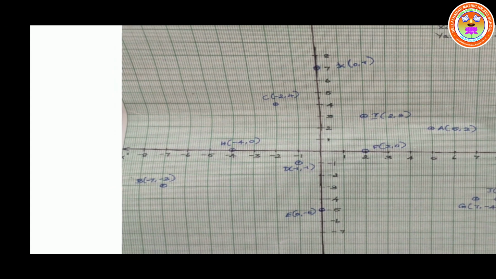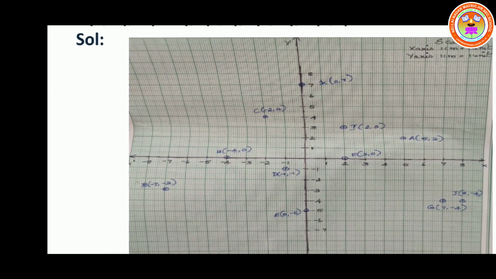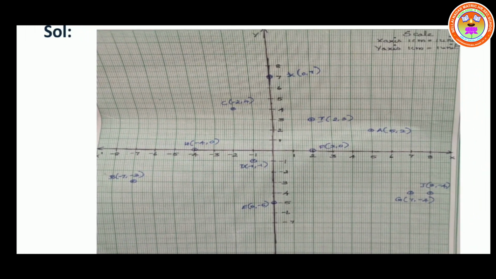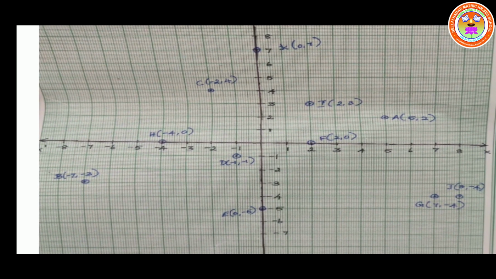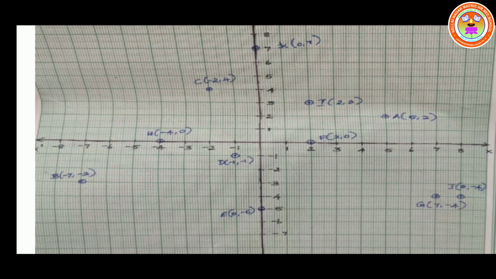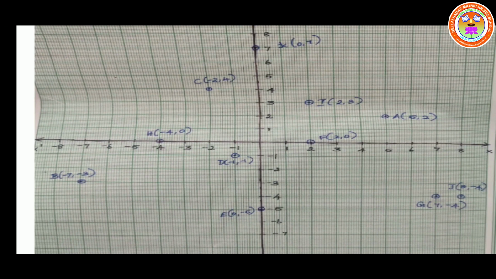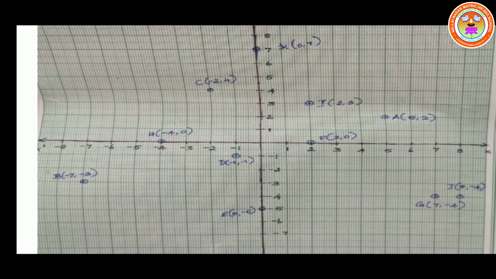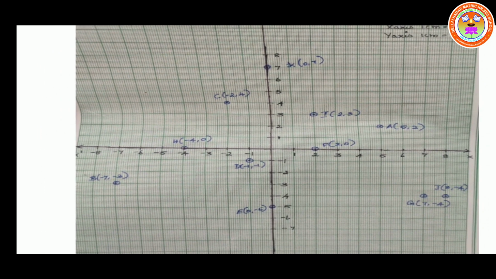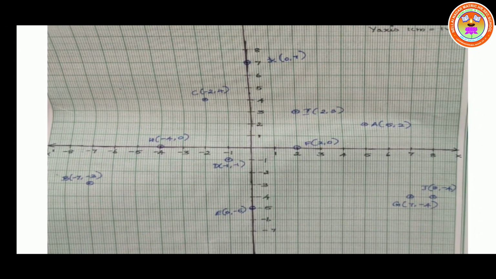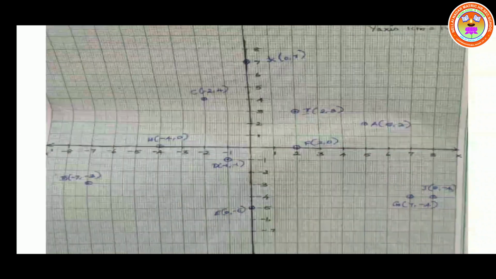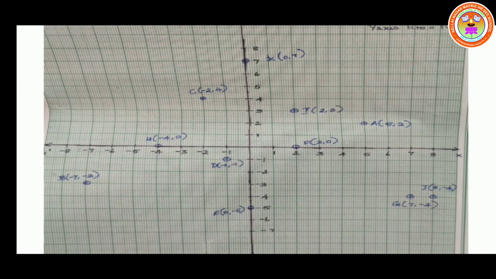Okay. Next one, after H, I. The I point is 2 comma 3. So 2 is on the x-axis, 3 is on the y-axis. So that is I of 2 comma 3. Next, after I, J. J is 8 comma minus 4. 8 on the x coordinate and minus 4 on the y coordinate.